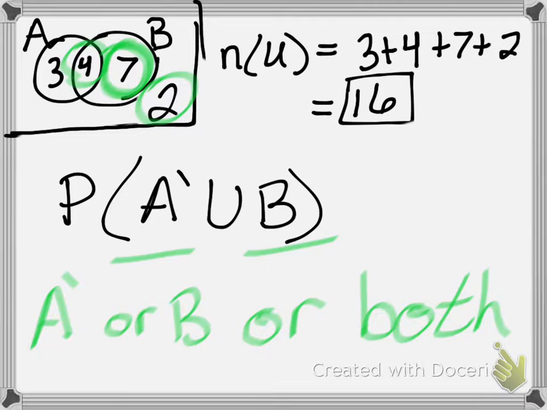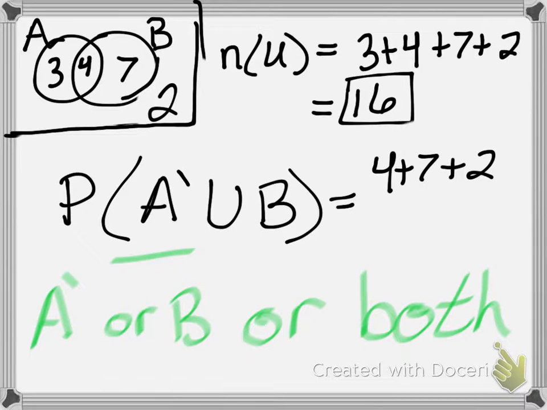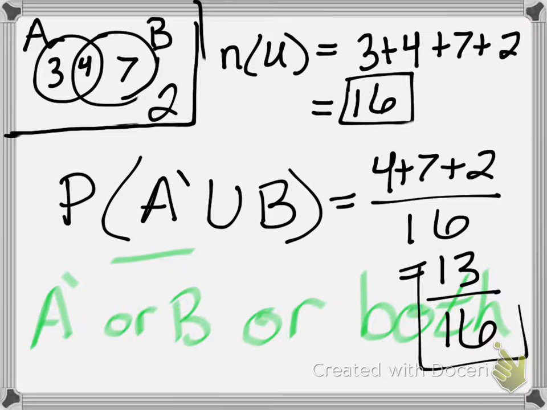So these 3 numbers are what we're going to have. So that'll be the 4, the 7, and the 2 out of 16 people total, which is 13 out of 16, as a decimal, or fraction as well.